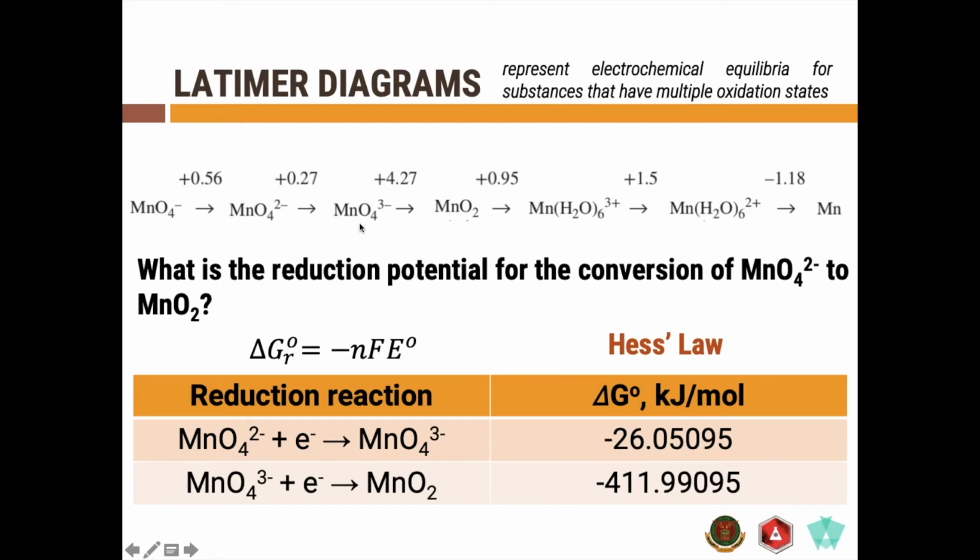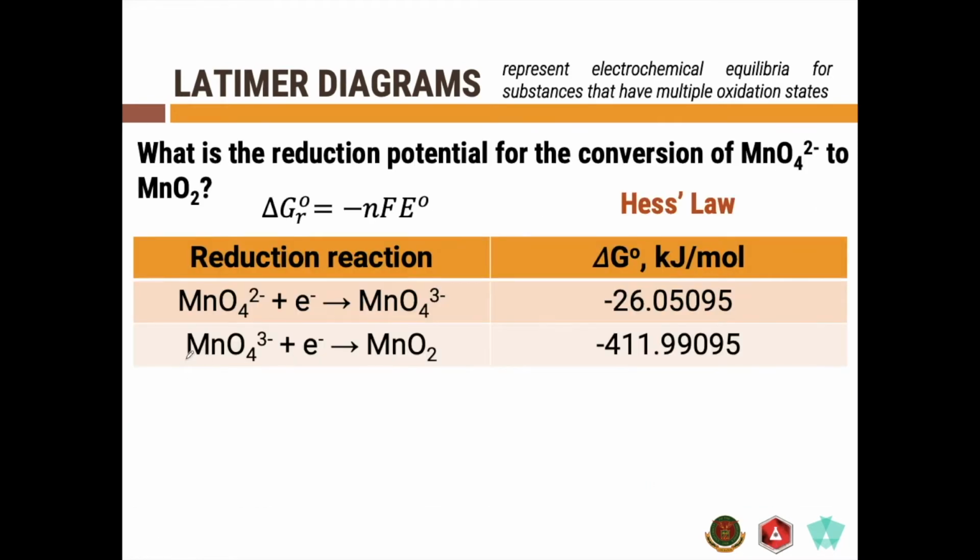You do the same thing for MnO4 3 minus to MnO2. So this plus 0.427 standard reduction potential will give you a standard Gibbs free energy of negative 411.99 kilojoules per mole.